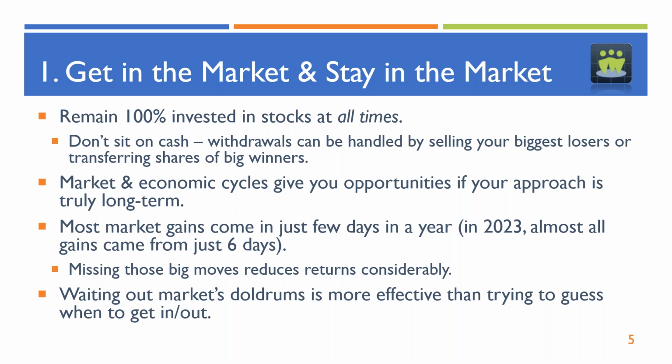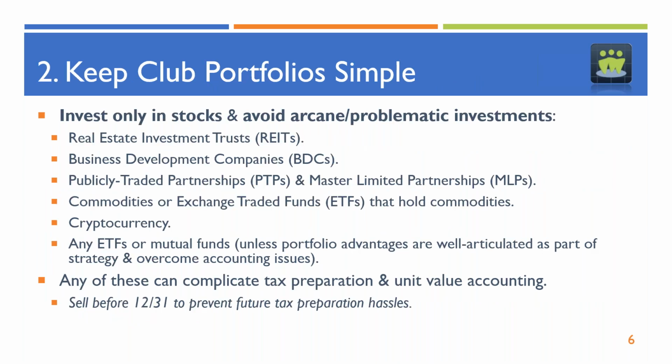And that's one of the biggest risks to your portfolio, is not being in the market when it makes an upward move. So we believe that investment clubs and individual investors are best served by waiting out the market bottoms, the doldrums, the bear markets, the corrections, and staying fully invested throughout all the market cycles instead of trying to guess when it's the right time to get in and get out.